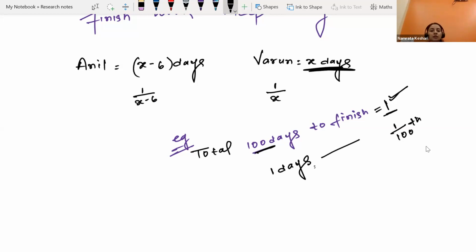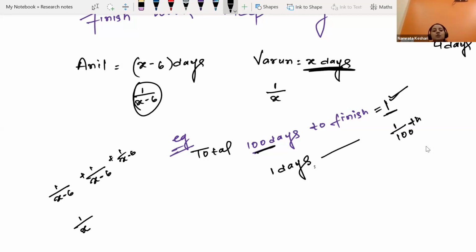Now both working together can finish the job in 4 days. When Anil was working independently, he was doing 1 by (x minus 6) in 1 day, again 1 by (x minus 6) in 1 day. When Varun was working independently, he was doing 1 by x, then again next day 1 by x.